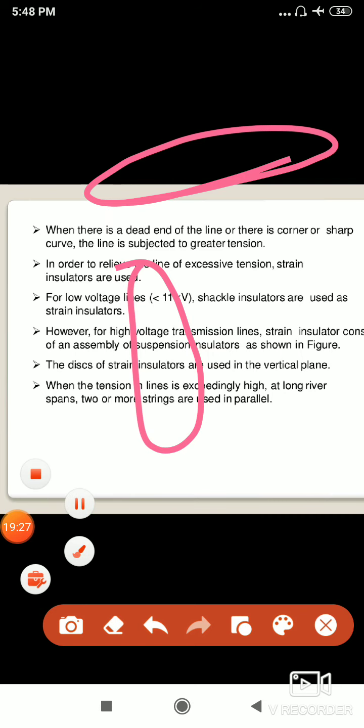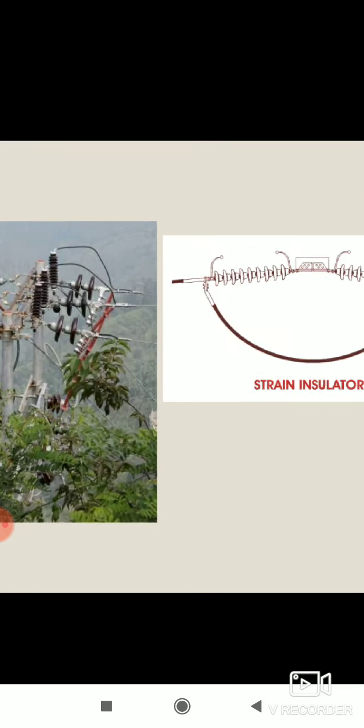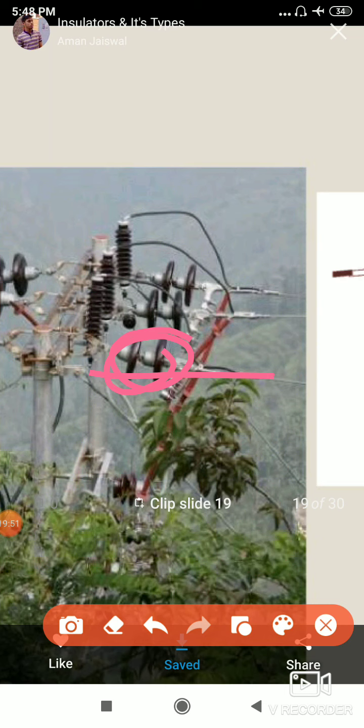We'll see how the strain type insulators look. These are strain type insulators, used where there are dead ends or turning points. They are like suspension type insulators, but you place the discs in a vertical position, so the tension on the conductor can be reduced.